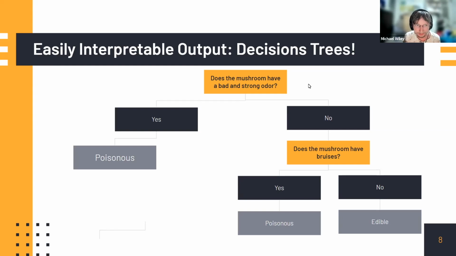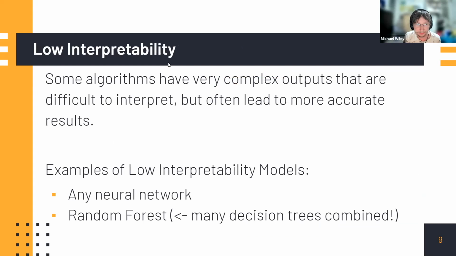So now let's look at the other end of the spectrum. We have some models that aren't very interpretable. And the big one that we have seen in this course is, of course, the neural network and all of its other components, such as the convolutional neural network. There's one other one I wanted to touch on. Again, we haven't really covered it in this course. You may have seen it in your project, may have not. That's called the random forest.